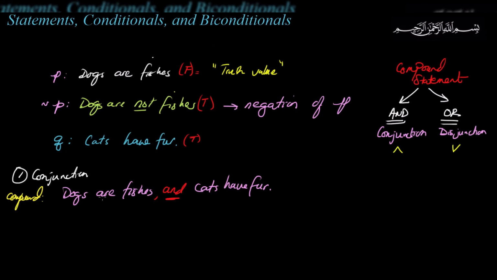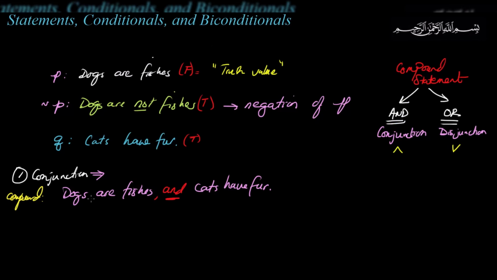Now, this is a compound statement that is a conjunction. For a conjunction to be true, both statements have to be true. If both are true, then the conjunction statement will be true, because it's an and statement.